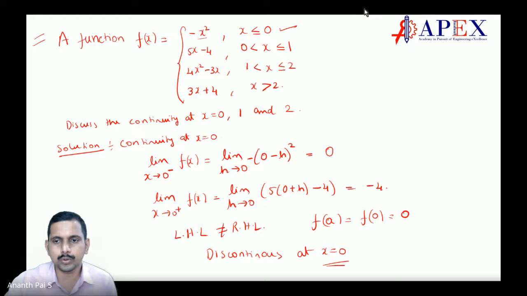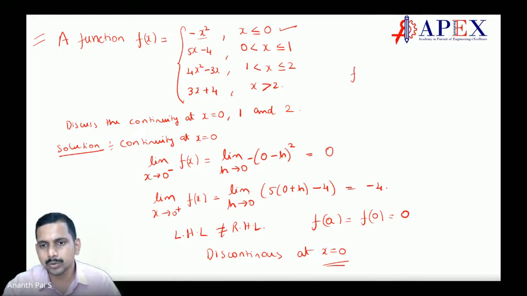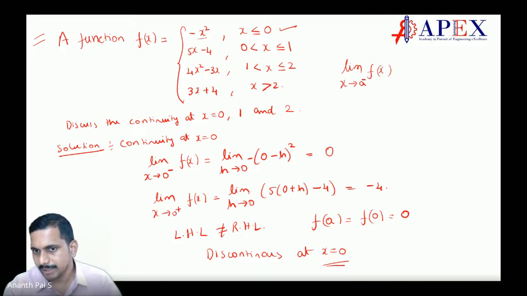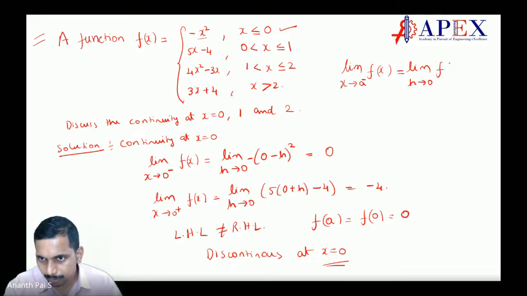Then what you do is, don't take 0. Say limit x tending to a, instead of 0. f of x at a minus, that is equal to limit h tending to 0 of f of a minus h. Makes sense?